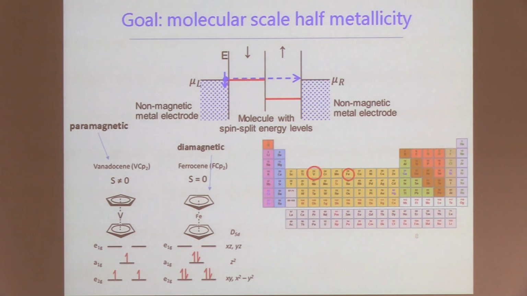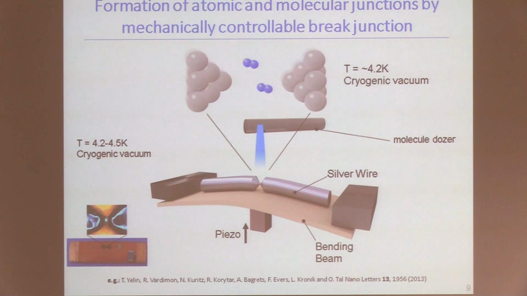So we take two different molecules, and the experimental technique we use is the mechanical break junction technique. I think yesterday's talks, Here and Sunlan, both talked about this break junction technique. The only difference, I will say, is that we do everything at 4 Kelvin, and we don't do any lithographic break junction.